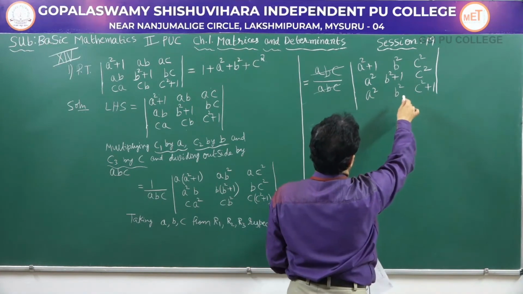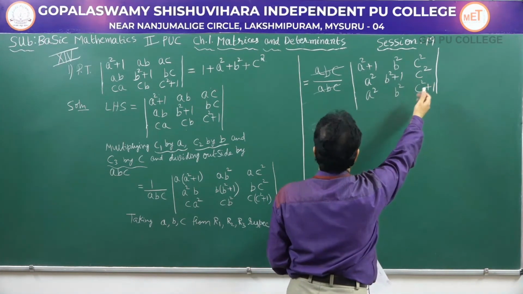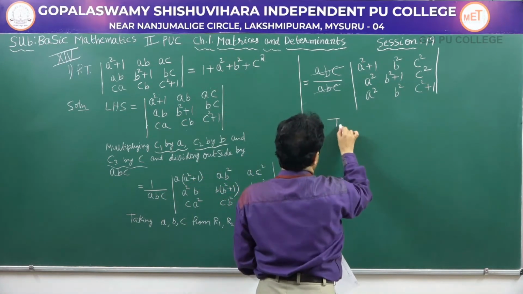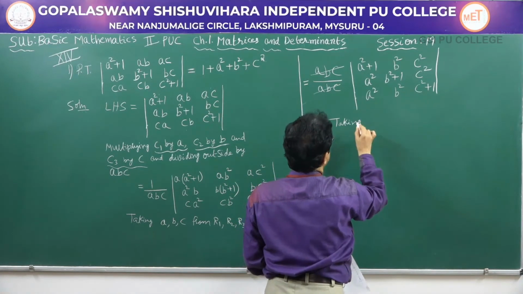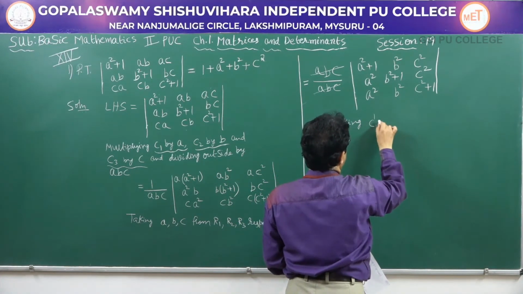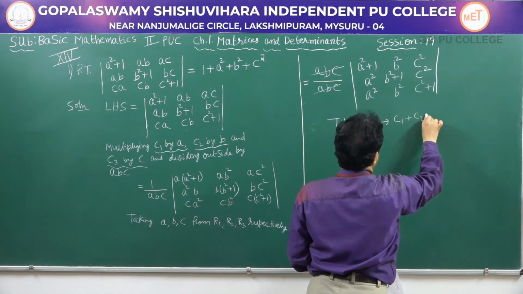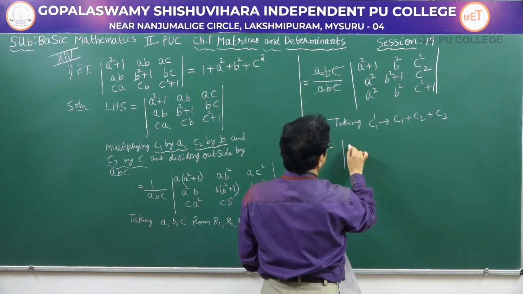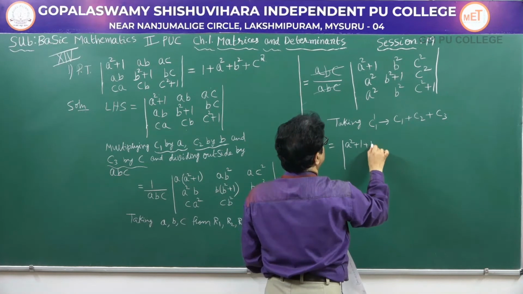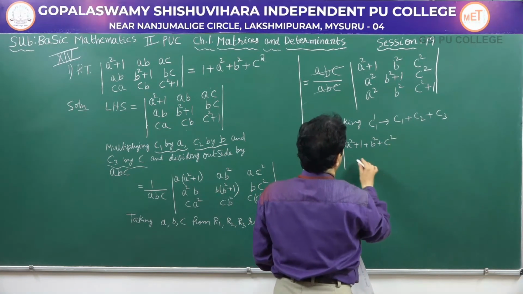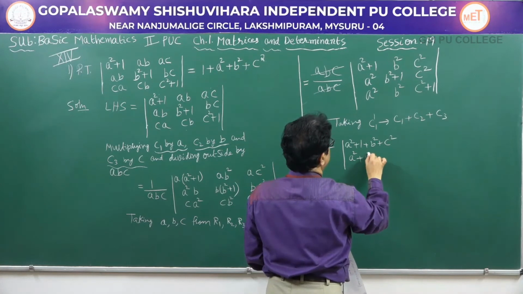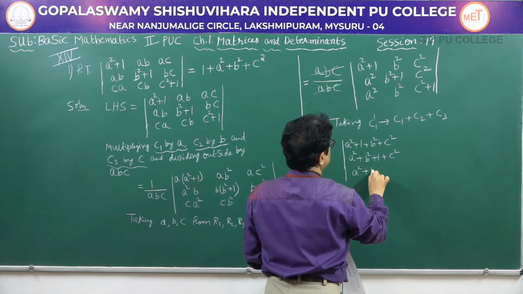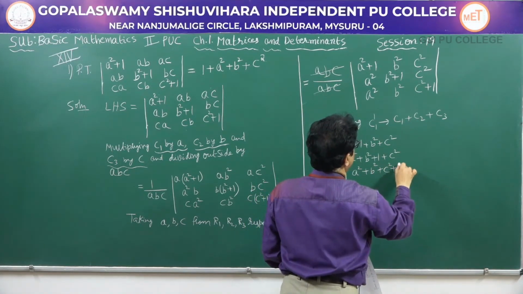If you observe here, if you add column wise, we get 1 plus A square plus B square plus C square. So, taking C1 dash as C1 plus C2 plus C3, that will be equal to determinant of A square plus 1 plus B square plus C square, A square plus B square plus 1 plus C square, A square plus B square plus C square plus 1.